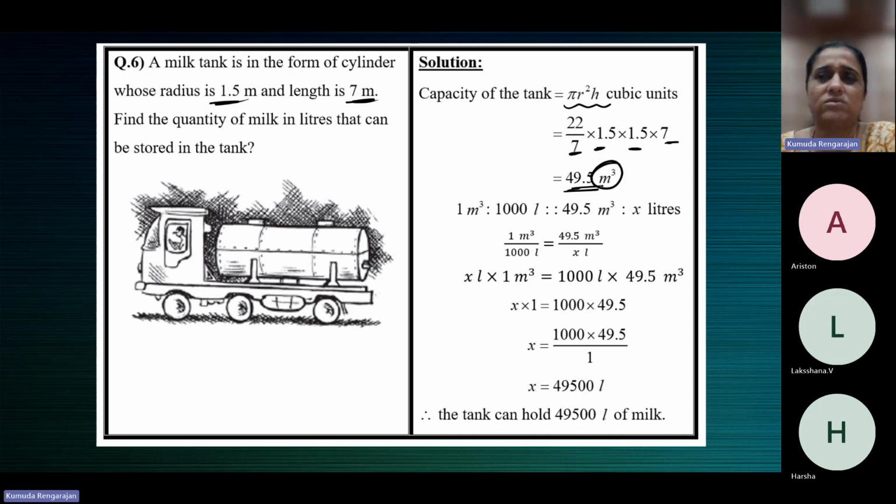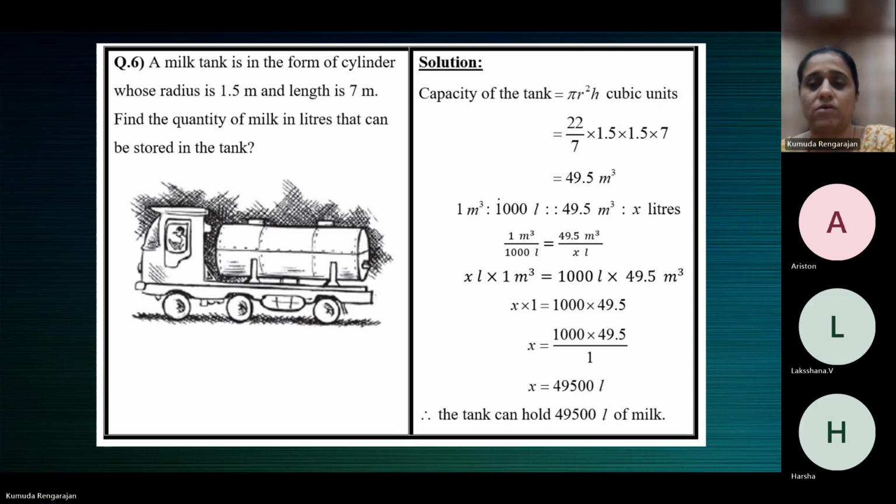Sometimes we are caught up with whether to multiply or divide. So you can use this proportion method. You don't even have to write this actually. You can write this straight away. But I'll tell you what I've written. This is the general rule. 1 meter cubed is 1,000 liters.